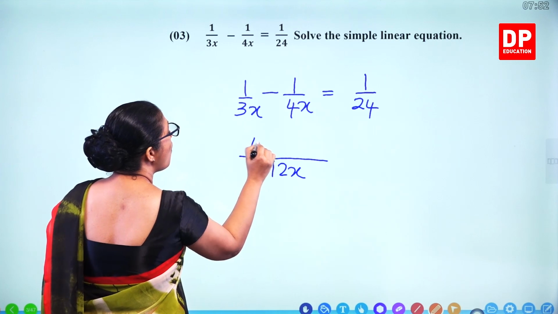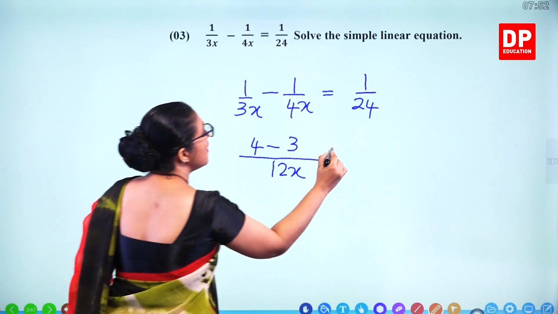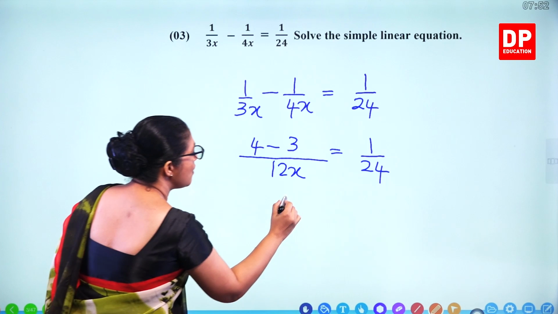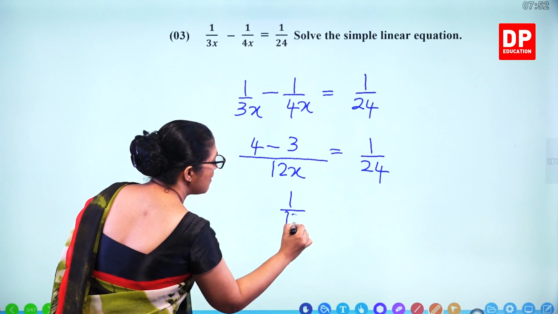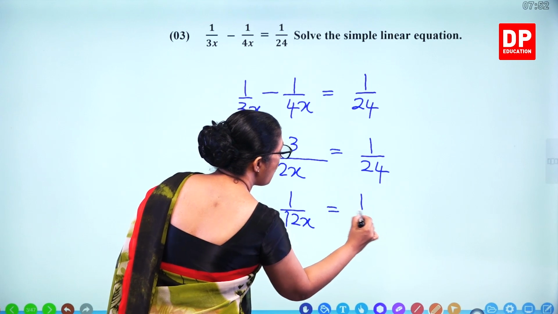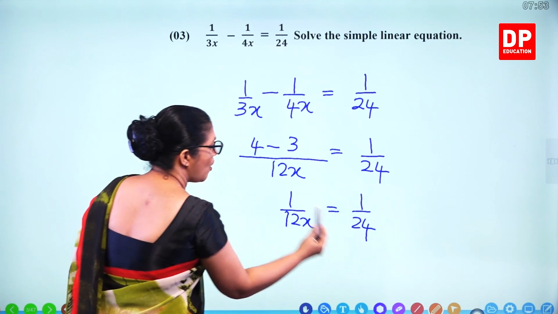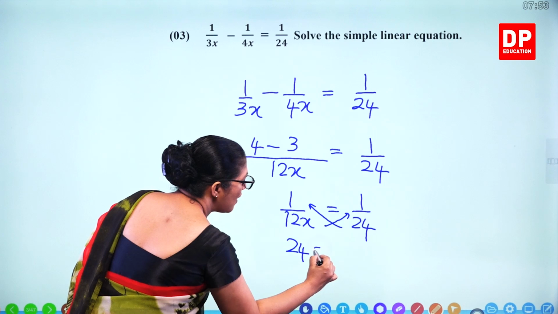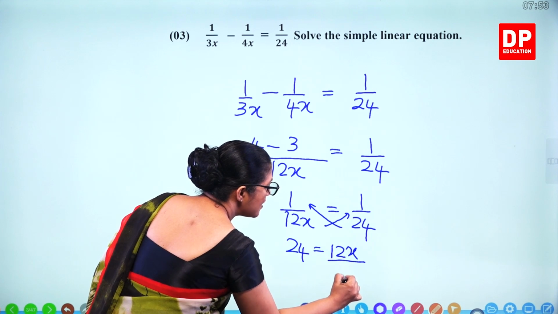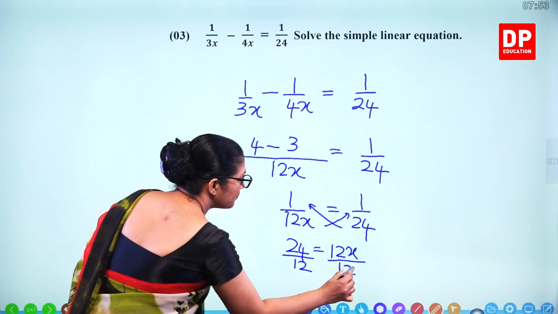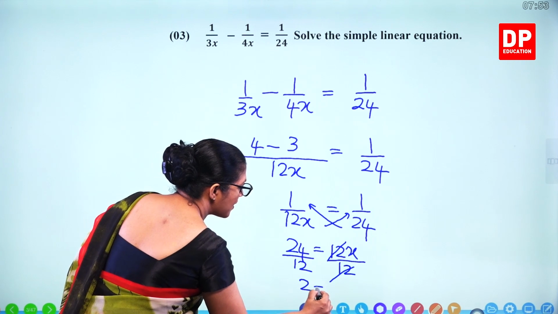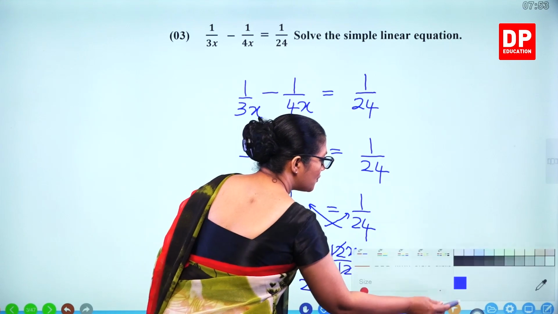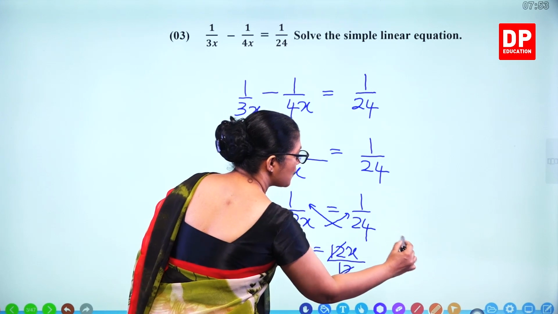Multiply this by 4 and multiply this by 3. 4 minus 3, 1. 1 over 12x is equal to 1 over 24. Now, when you cross multiply, you get 24 equals 12x. Divide this by 12. x equals 2. So you get 2 marks for that.